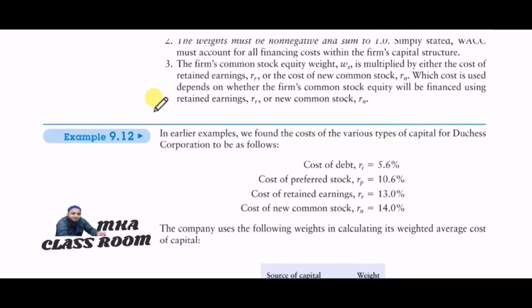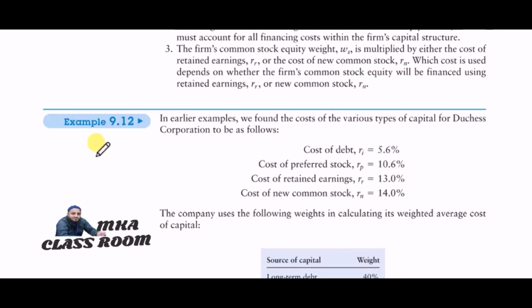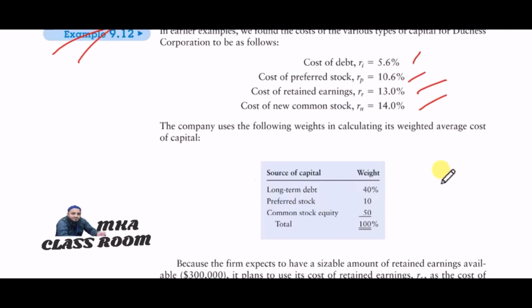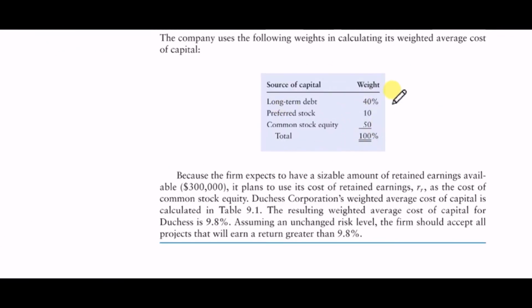Obviously the weights should total 1, but here is an example. We found the cost of debt, cost of preferred stock, cost of retained earnings, and cost of new stock. The company uses the following weights in calculating its weighted average cost of capital: long term debt 40%, preferred stock 10%, and common stock equity 50%.